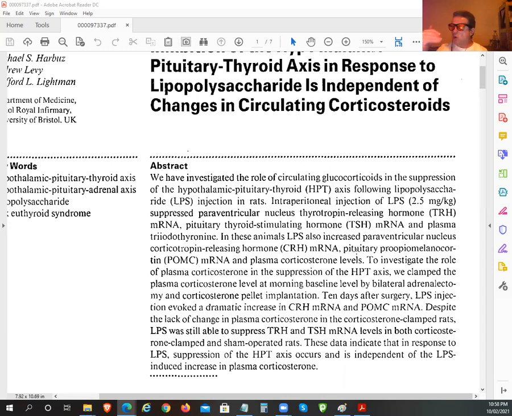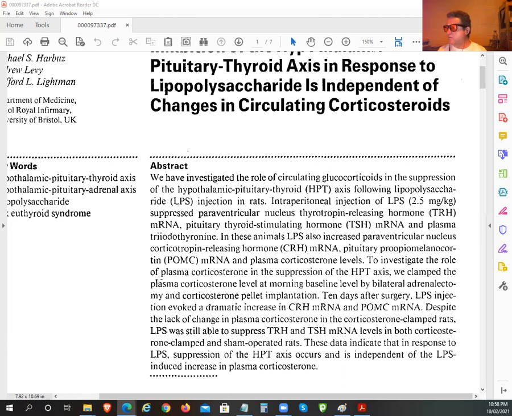So it's just a response to that sort of inflammation. While the body may respond in a certain way, it's not going to repair this mechanism until it eliminates the LPS. And POMC as well, and plasma corticosterone levels.